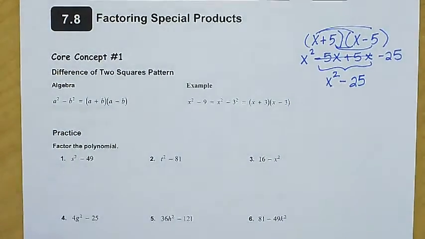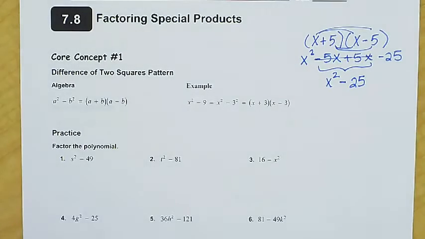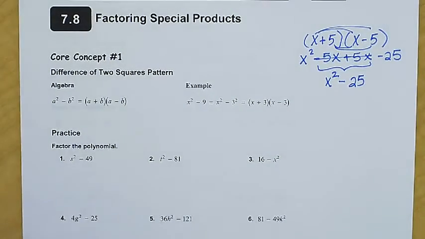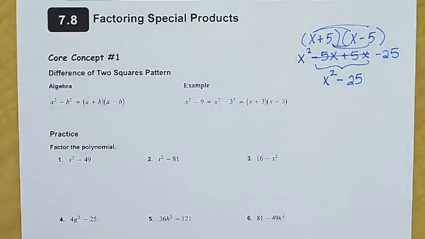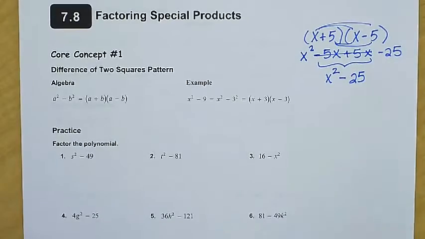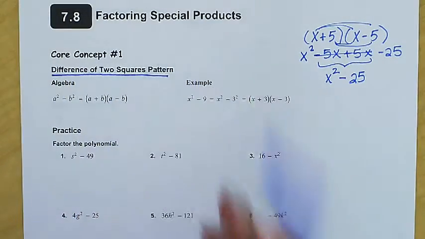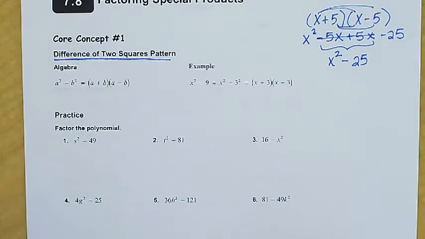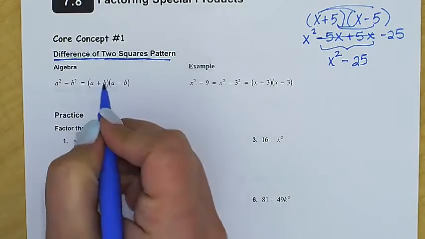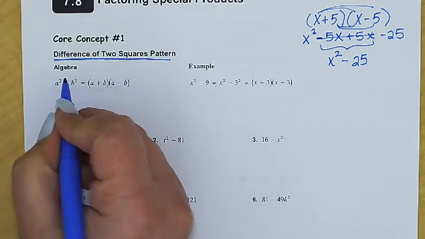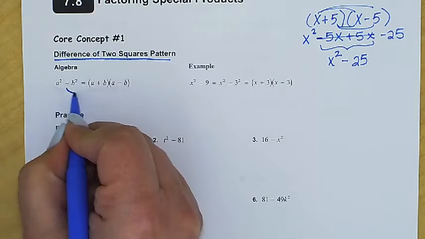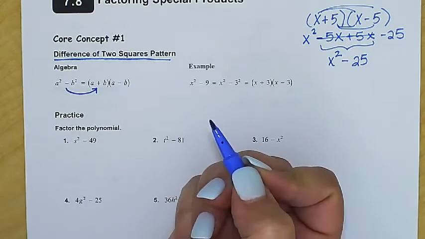So that is where we are now. I promised you back then, in a few weeks from now, it would really pay off to be able to identify these, and that is where we are. So we're going to start with difference of squares. That's our first special product, and you have seen it before when we were going in this direction, and now we're going to practice factoring it out.